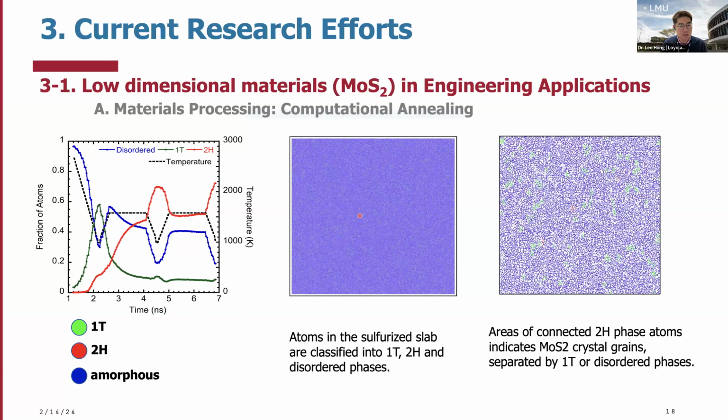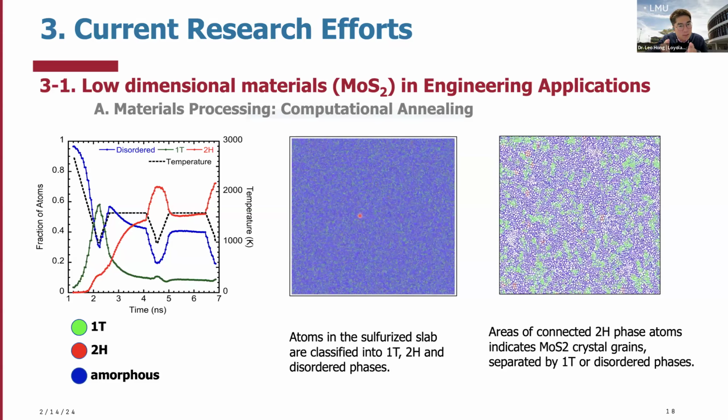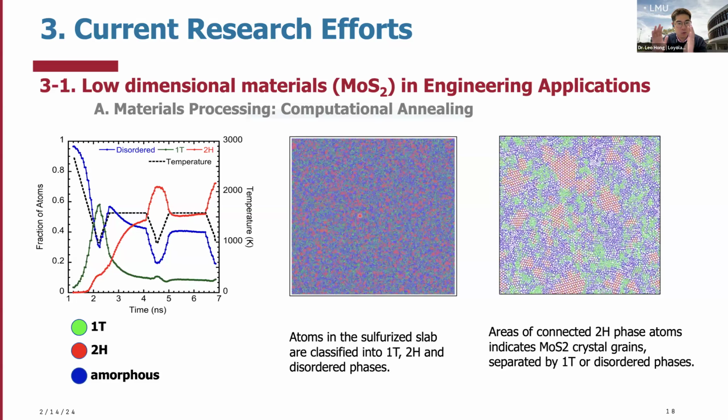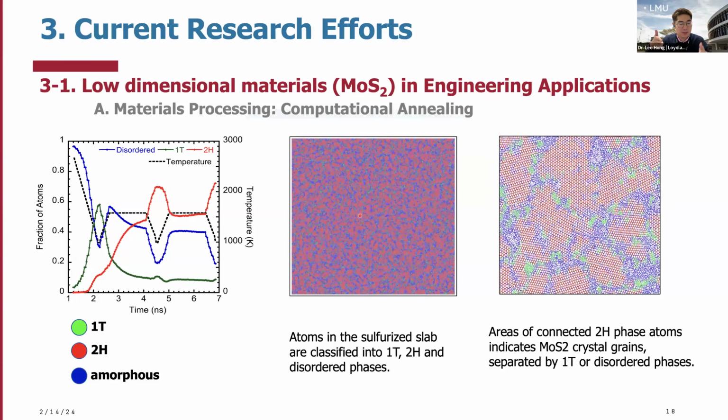So what we suggest is annealing, with temperature going up and down, multiple annealing cycles, to see how the materials evolve. Fast means high temperature, slower means low temperature. You see that the blue part is transferred to green and green to red, meaning it is crystallizing.